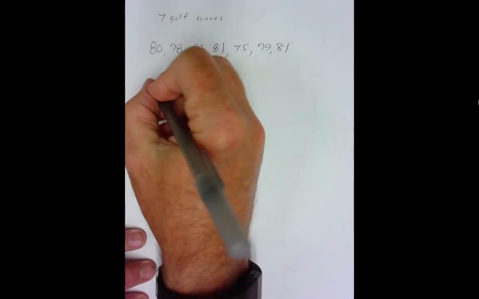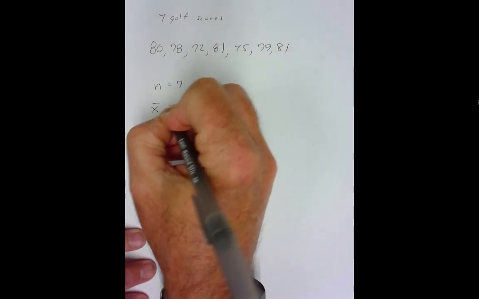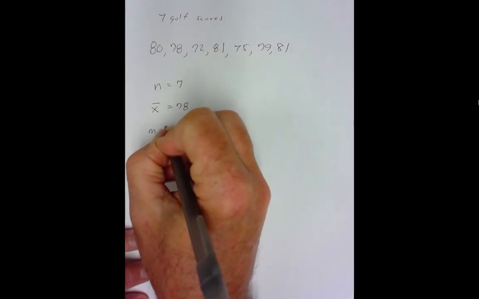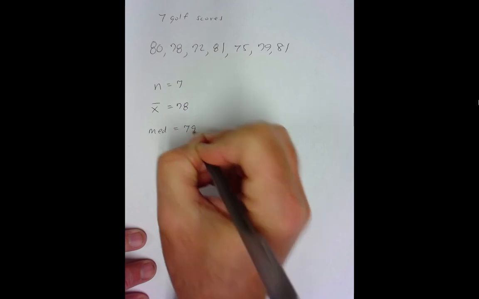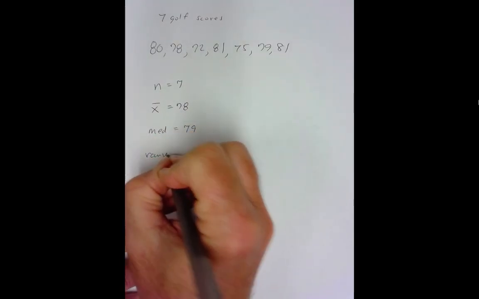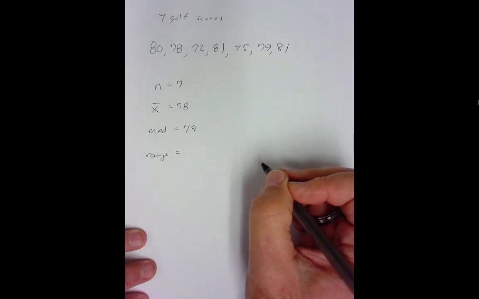What do we know? Well, we know that N is 7. N stands for the number of scores. We know that the mean was 78. We know the median was 79. We know that the range was 9.